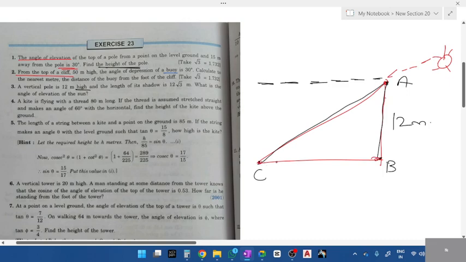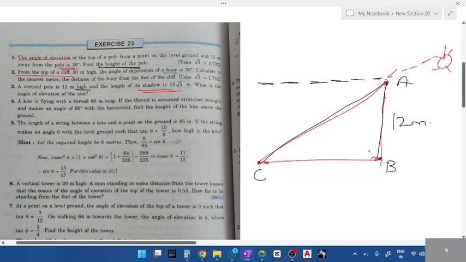So what is the distance of BC given? What is the distance of BC, students? The shadow is 12 root 3. So from A to B, this shadow falls on BC. AB, the vertical pole, is 12 meters high, and the length of its shadow is 12 root 3.